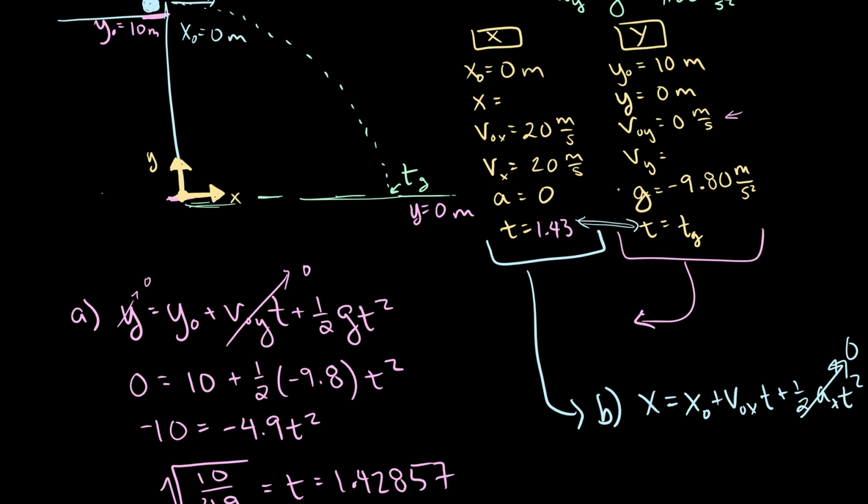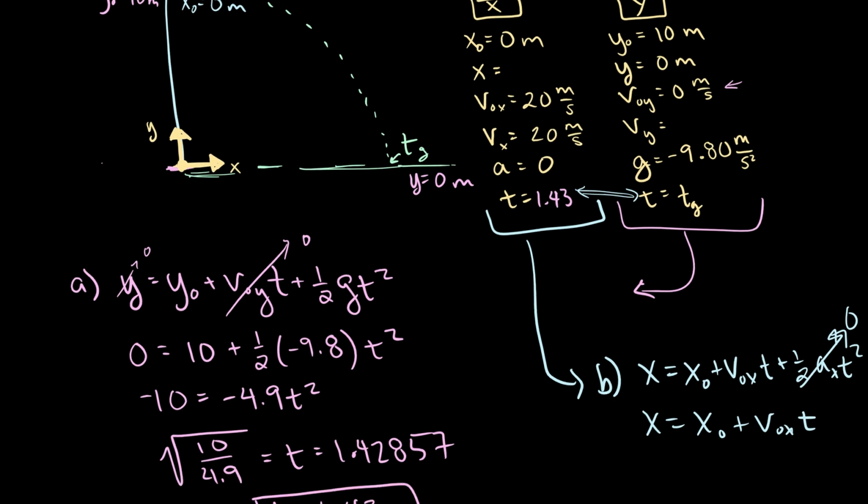I'm left with just the equation that I gave you for constant velocity motion. Remember, early on in the course, we talked about how for constant velocity motion we have x equals x naught plus v naught x t, and that's derived basically from the definition of average velocity.